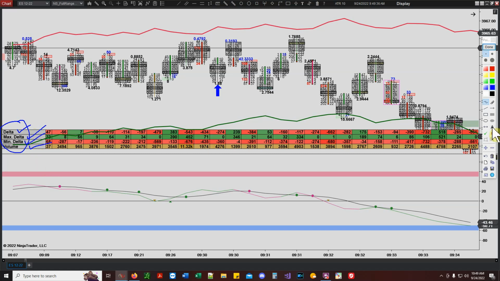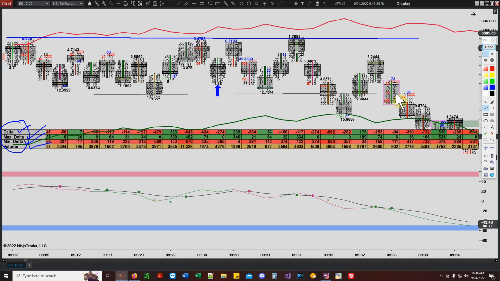I am also looking at ratios, double top ratios, every time it gets to a point of resistance or a point of support. There are no ratios down here, but there are several ratios up here hitting this resistance line.